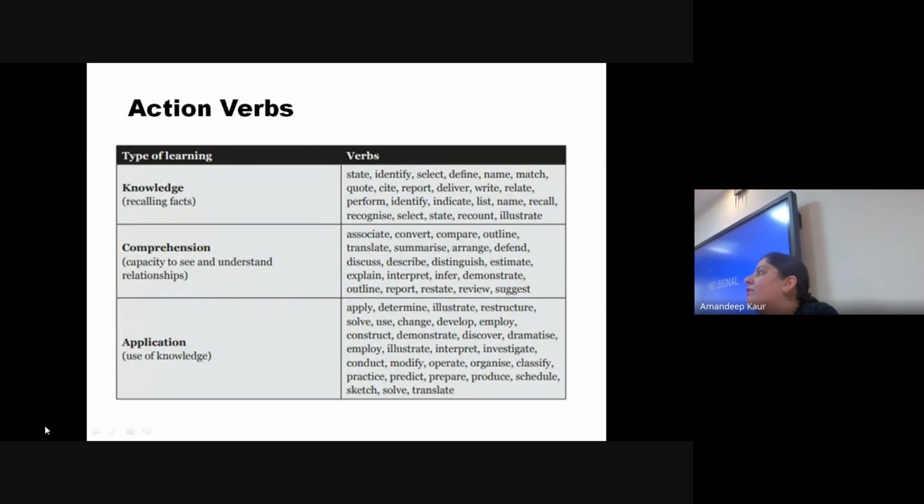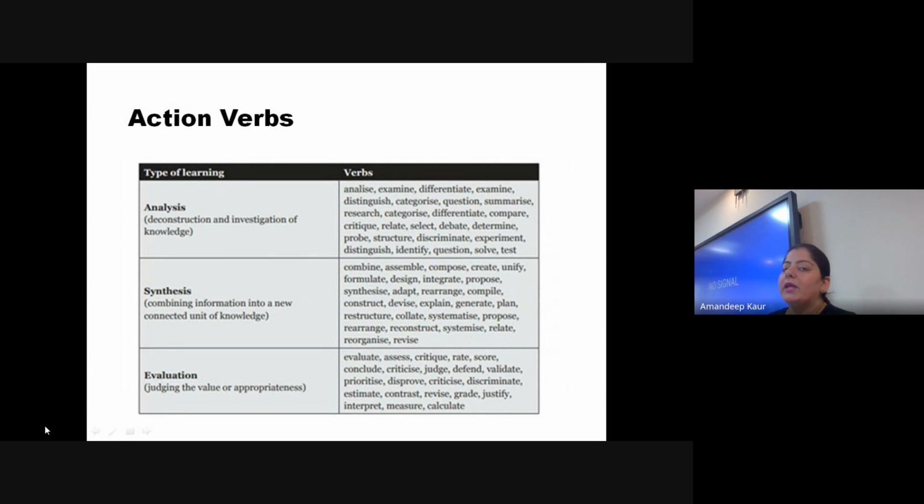It is very difficult to define the correct response for that statement. So when we are saying learning outcome, it must be the behavior that you demand from your student to demonstrate. Application means apply, illustrate, restructure, employ. These are the different learning outcomes that we can use at different levels.